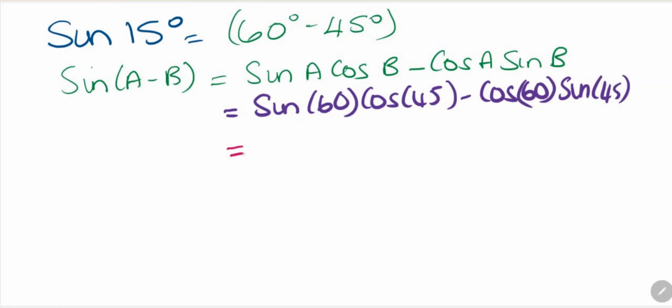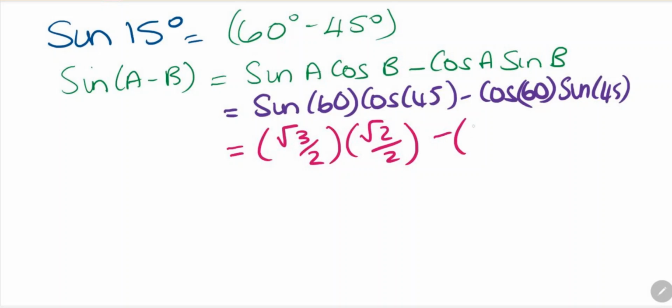Okay, so sine of 60 is root 3 over 2. Cos of 45 is root 2 over 2. Cos of 60 is a half. And sine of 45 is root 2 over 2.